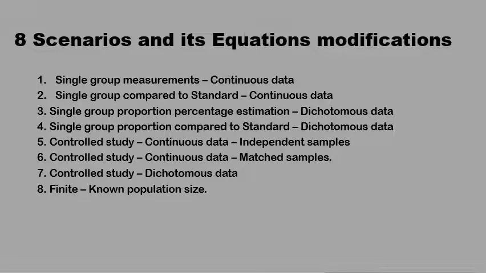in studies that may not show significant results at the end. In this presentation, we'll go through 8 different scenarios using different equations and different modifications to these equations to calculate the required sample size.